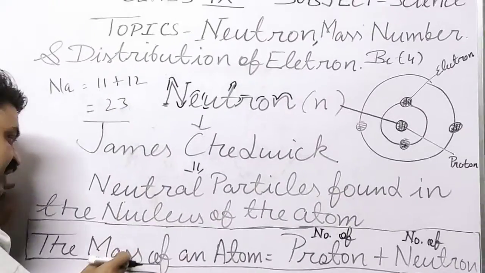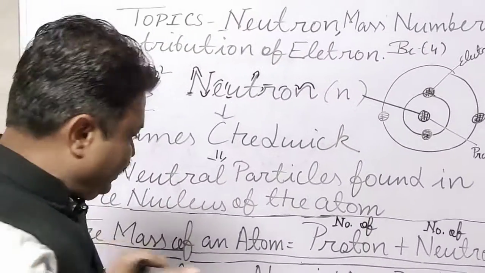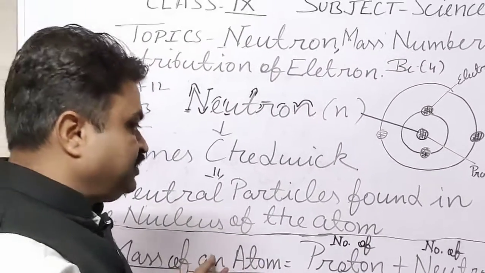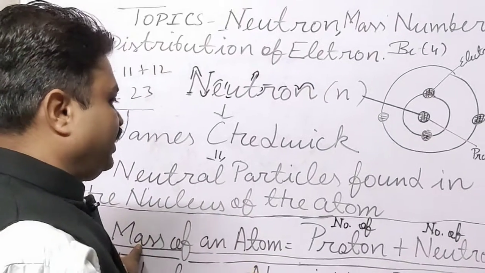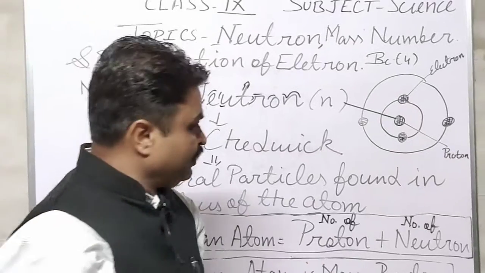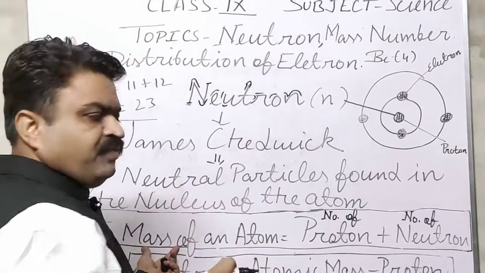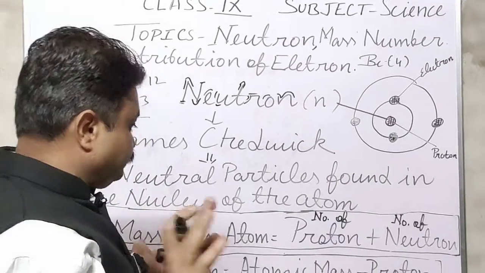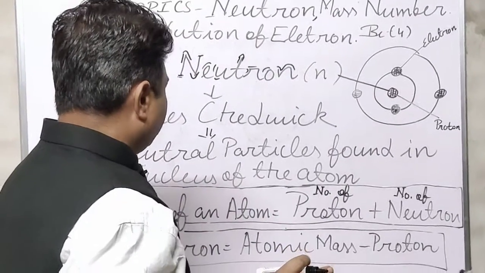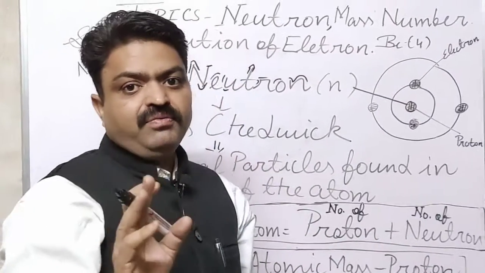So with the help of the number of proton and number of neutron, we can get the mass number. And with the help of this formula, if we have two physical quantities like the mass of an atom and the neutron, then we can get the number of proton. If we have the proton and neutron, then we can get the mass of an atom. If we have the mass of an atom and proton, then we can get the number of neutron.